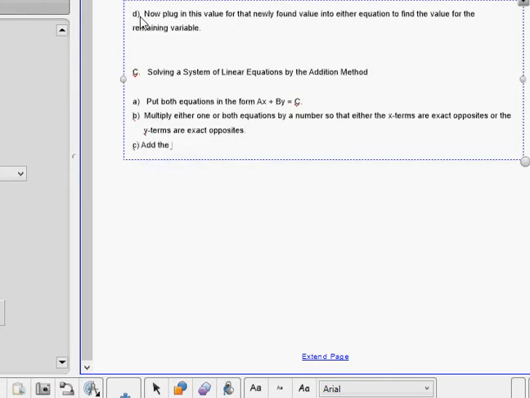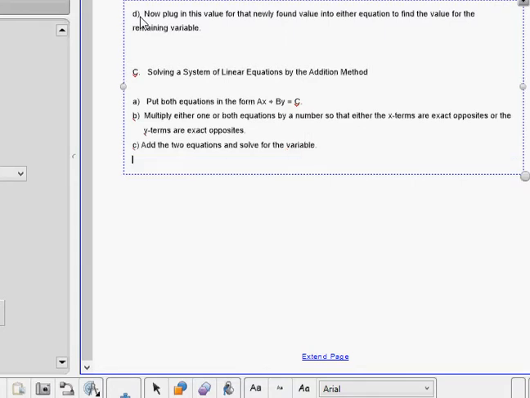Add the two equations and solve for the variable. Then plug in this value for that variable into either equation and solve for the remaining variable.